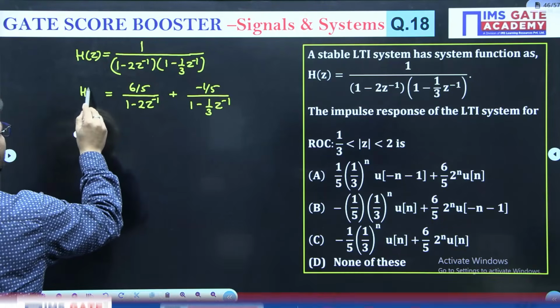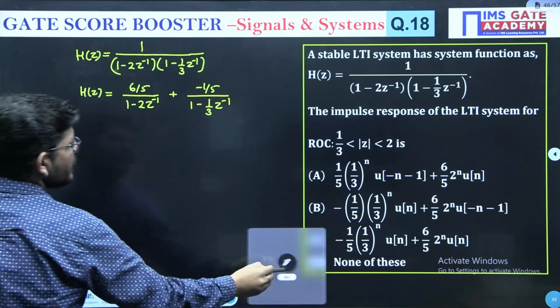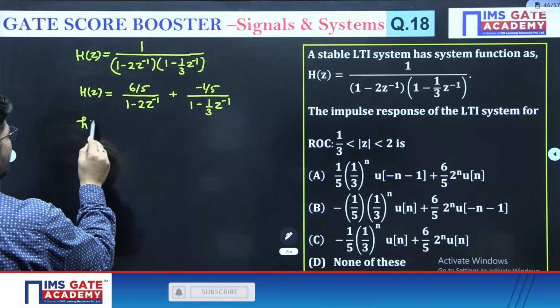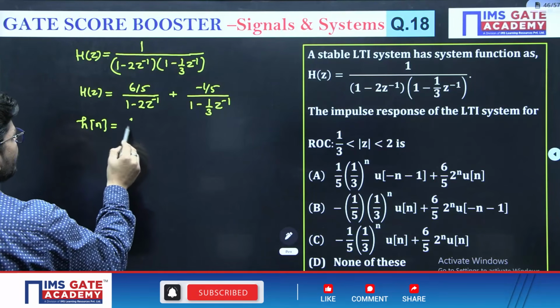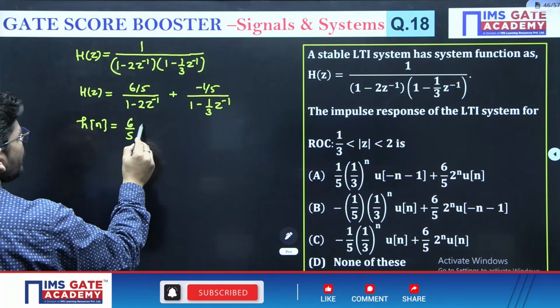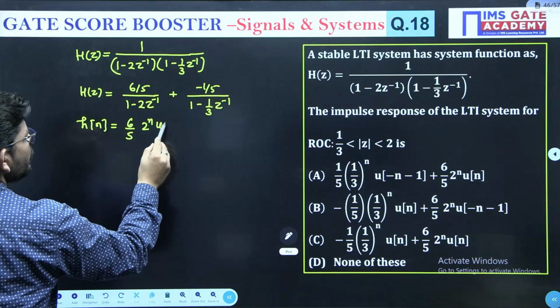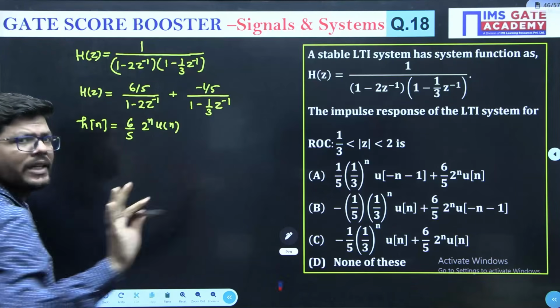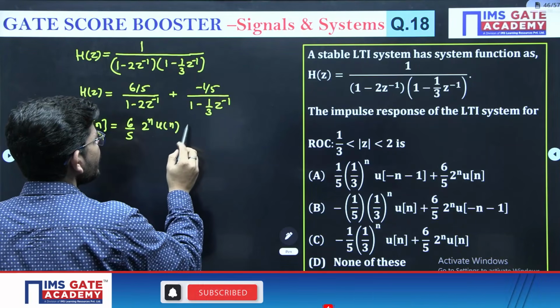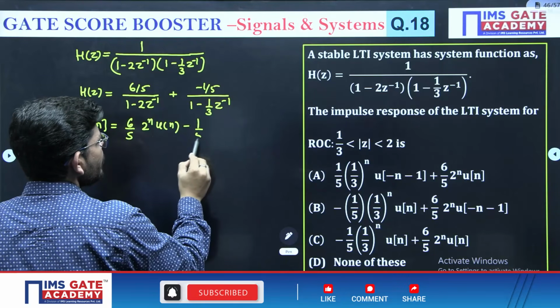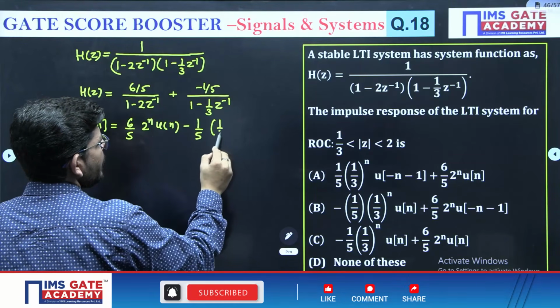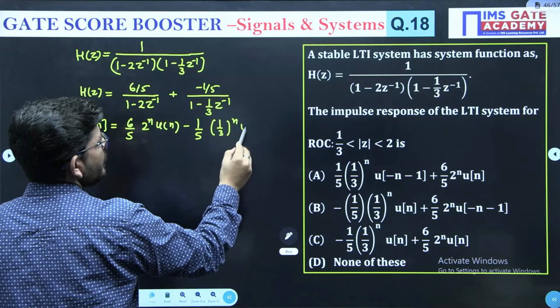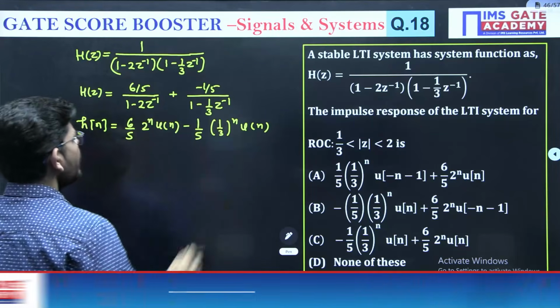This is H of z. Correct? Then if I take the inverse z transform, I will get 6 by 5 times 2 to the power n u of n. Without considering any ROC, I am just taking it for right-sided ROC, minus 1 by 5 times 1 by 3 to the power n u of n, right?